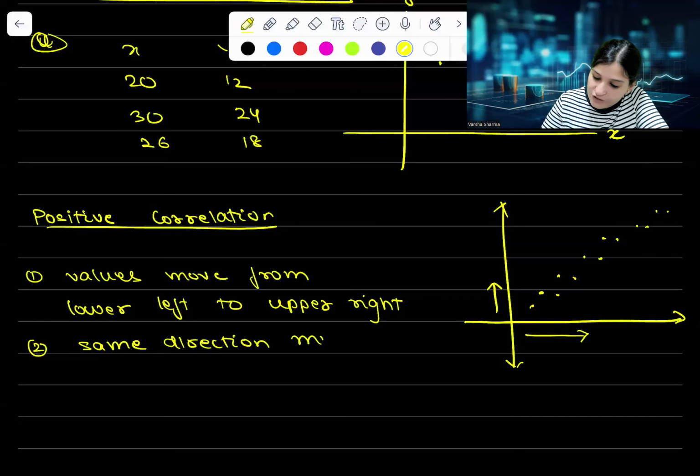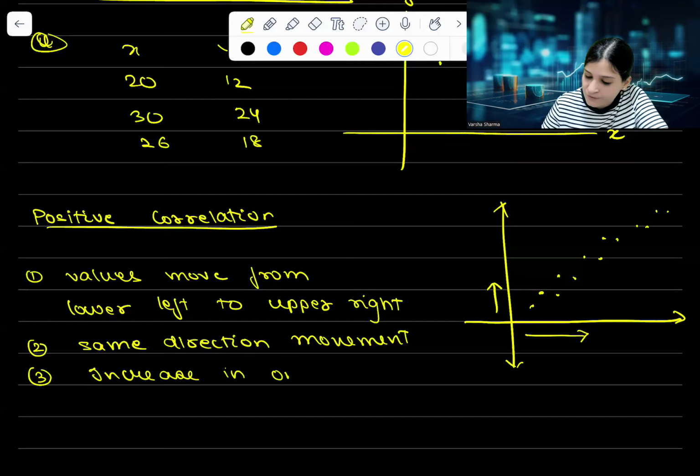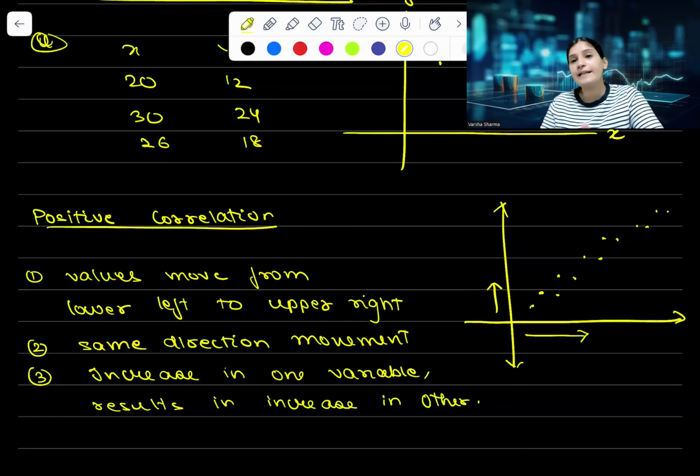Same direction movement. That is, an increase in one variable results in an increase in the other. If you are increasing x, y will also increase. If you are decreasing x, y will also decrease.